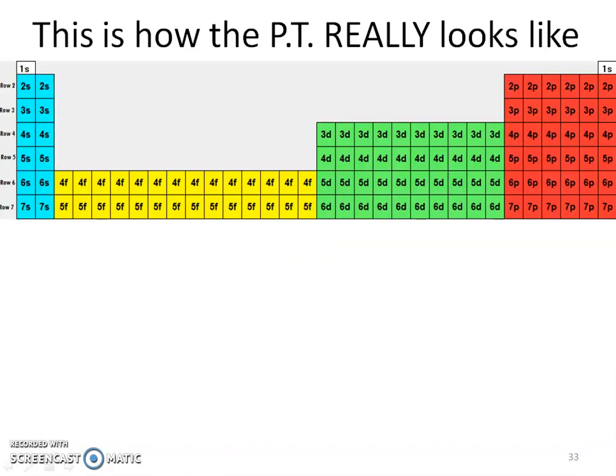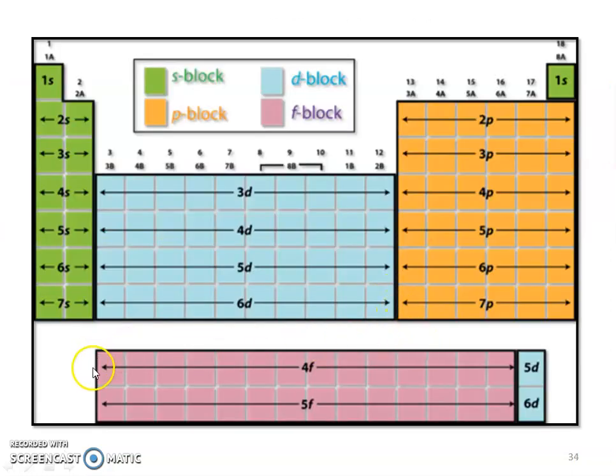So what do I mean? Remember that the periodic table really looks like this. In period 6, this is your 6s, but then it starts your 4f, right? That's the F section. Remember, this is sometimes pulled out, and when it's pulled out, sometimes the F section is in the main part of the periodic table, and sometimes they give you the D. So again, always look at the atomic number.